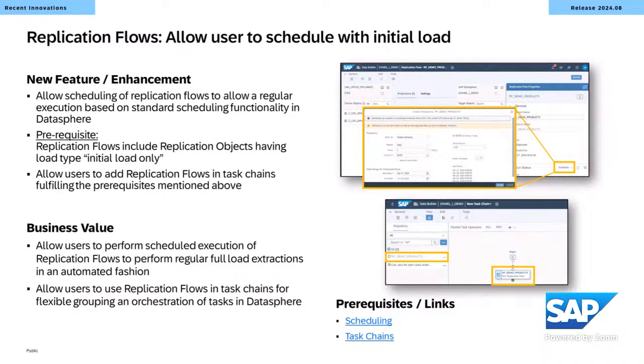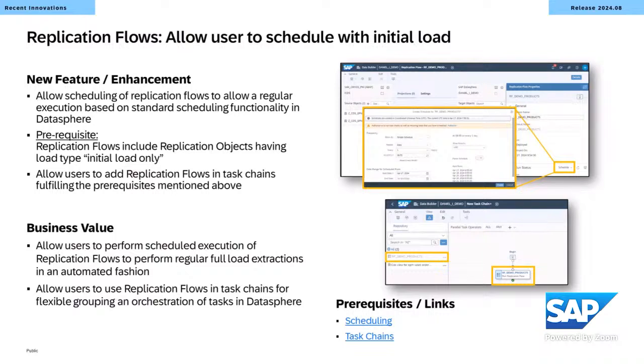And this basically follows the same dialogue that you already know as of today in Datasphere. We are reusing this dialogue here, and it was also kind of the prerequisite. What was done in the same shipment is that you can also add replication flows in task chains, which also fulfill the prerequisite I just talked about.